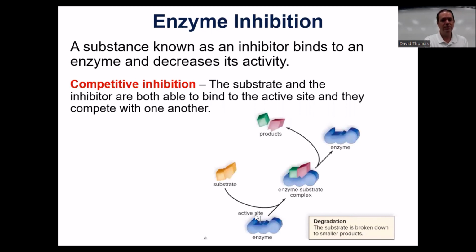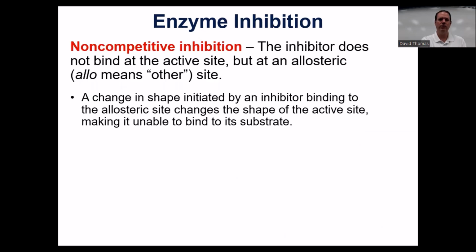If you change the shape of the active site, the substrate can't bind there. That's non-competitive inhibition, the allosteric scenario. If you block the active site with another molecule, that's competitive inhibition. Those are good vocab words. Make a flashcard with those, or draw a little diagram or picture, to keep those straight.